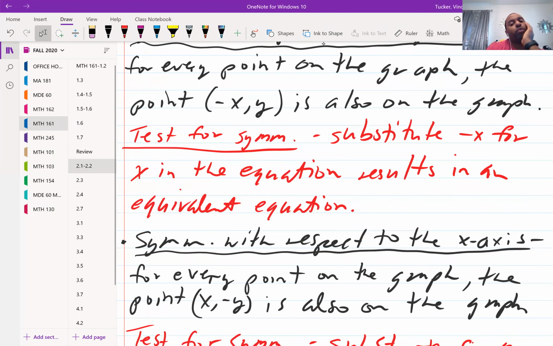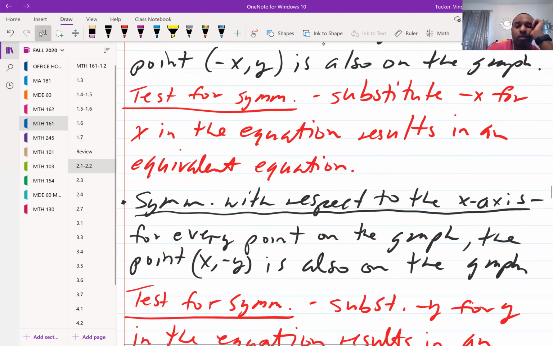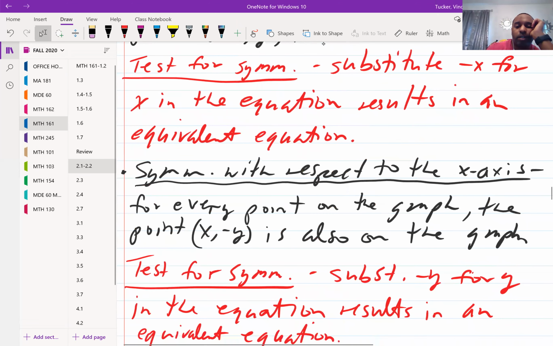All right, symmetric with respect to the x-axis. For every point on the graph, the point x, negative y is also on the graph. So that test will plug in negative y for y. And if it results in the original equation, then that means it is symmetric with respect to the x-axis.